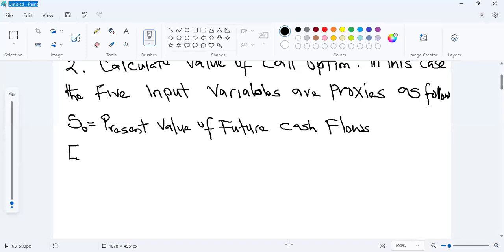E is equal to initial investment outlay.